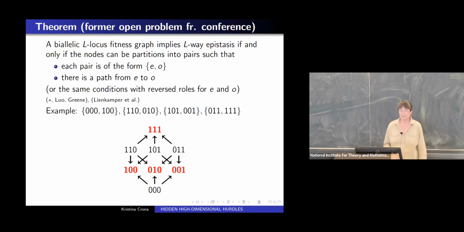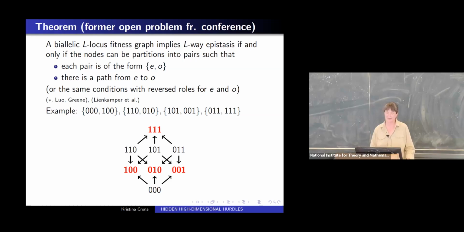A necessary and sufficient condition in that case is that we have to be able to find a partition of the genotypes into pairs, each with one even and one odd, so that the even is higher than the odd. In other words, there's some path from the even to the odd.